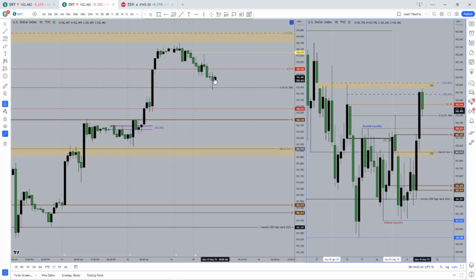Without any displacement lower through this level, also I'm seeing this inefficiency here with this down close candle. I really need to see the dollar show willingness to get below these lows, to be completely honest, before I'm able to accept that, okay, we're turning around here and we're going to see lower prices on the dollar more than likely.